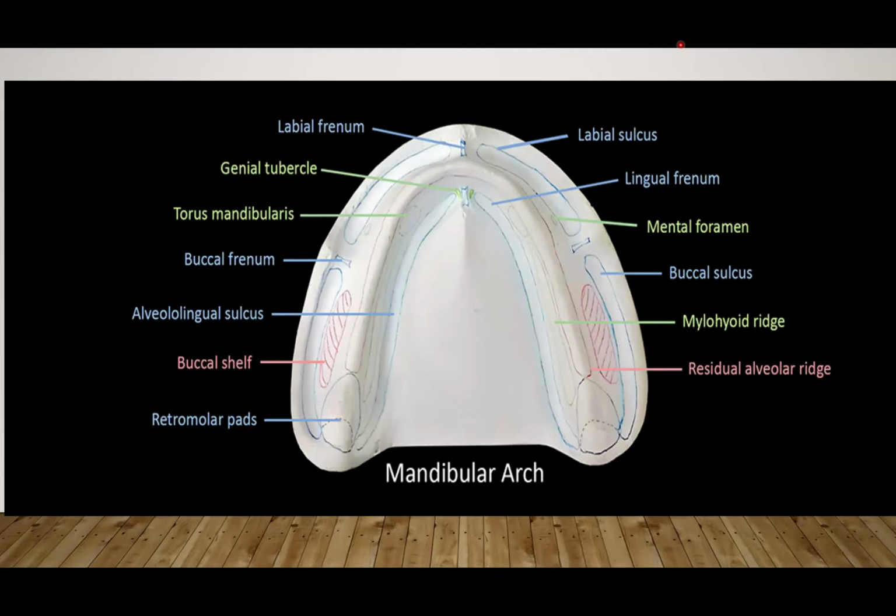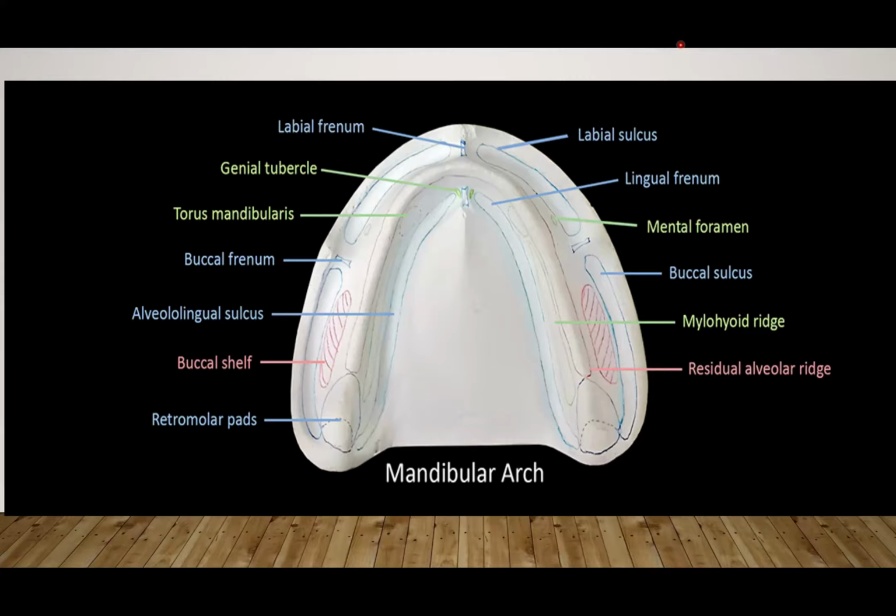But if your mandibular residual alveolar ridge undergoes so much resorption, eventually your sulcus will recede to a deeper level, during which your mental foramen will get exposed or will come to the clinical surface. In that case, it is ideal to relieve your mental foramen to avoid any compression of the nerve that passes out from your mental foramen.